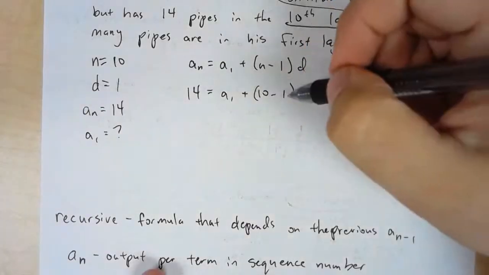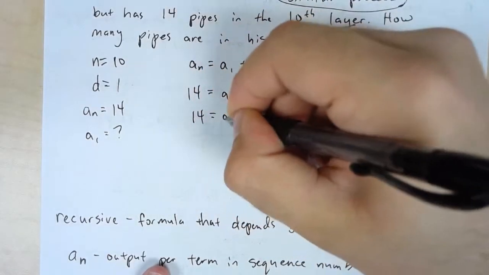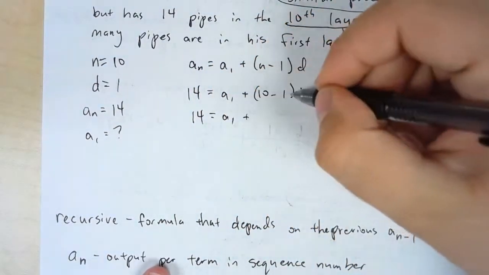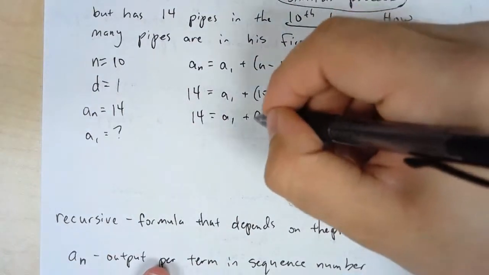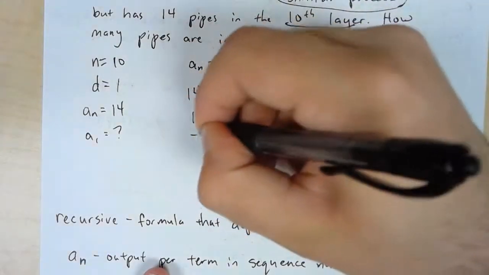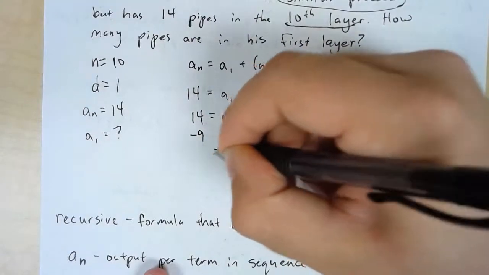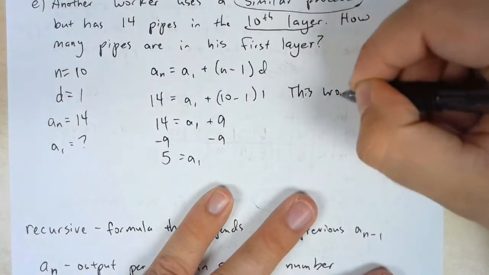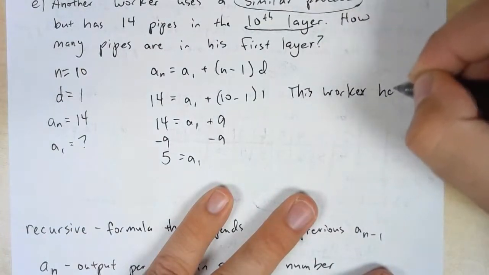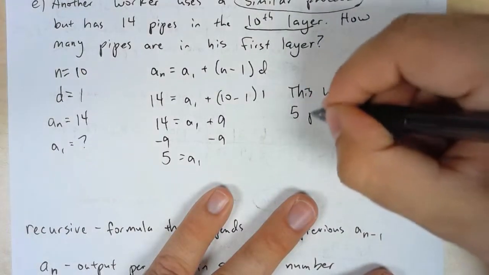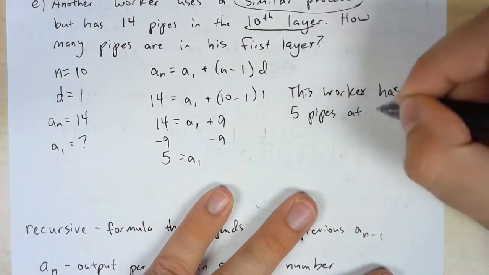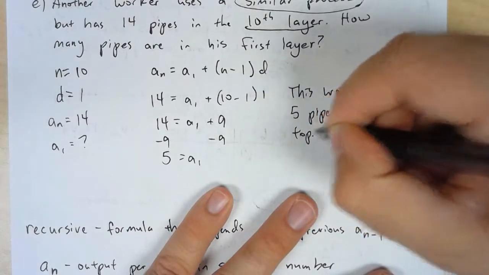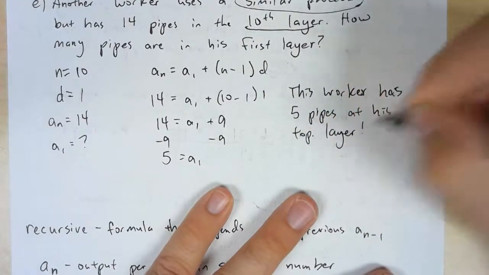So we solve this problem just like normal. 14 equals a sub 1 plus 10 minus 1, which is 9, times 1 is 9. Let's subtract 9 from both sides, so we get a sub 1 equals 5. So we can say this worker has 5 pipes at his top layer.